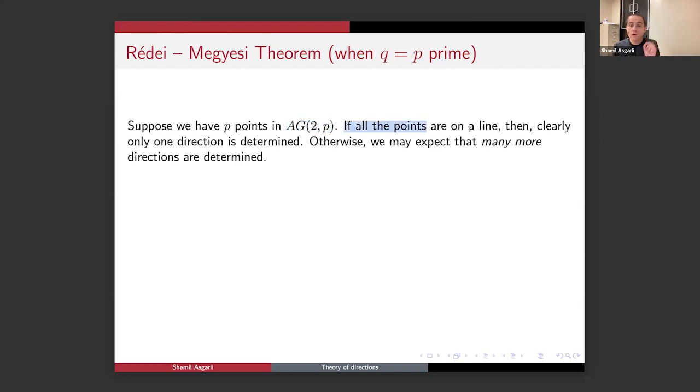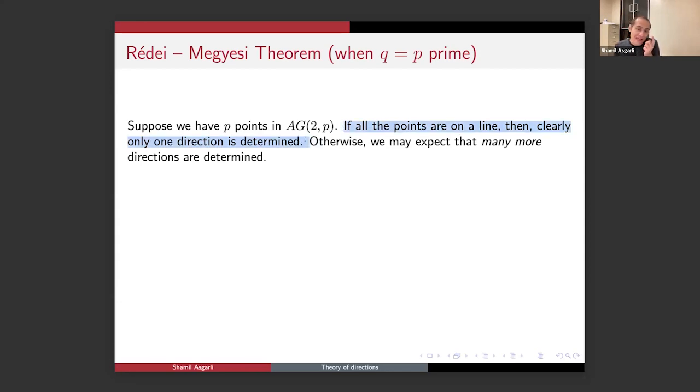Then if all the points are on a line, of course only one direction is determined, because if you take any 2 points from that line, there's only one direction. So this is an extremal case where there are not that many directions. In fact, there's as few directions as possible, namely 1.